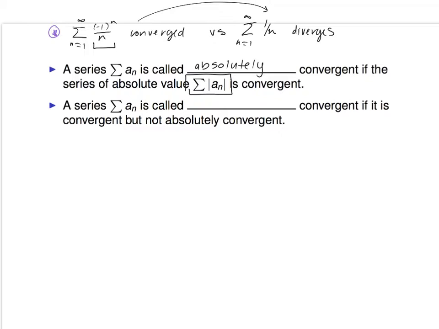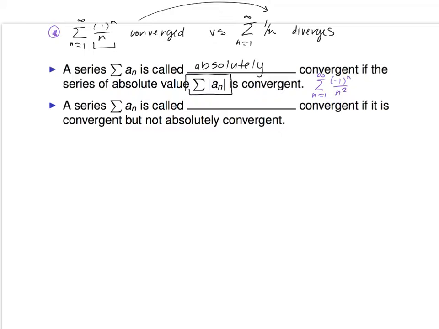No, because the sum of absolute values does not converge. What if I'd given you the sum from n equals 1 to infinity of negative 1 to the n over n squared? Does that converge by itself? Yes. If I take the absolute value of the terms, does that converge? Yes, because it's a p series with p equal to 2.